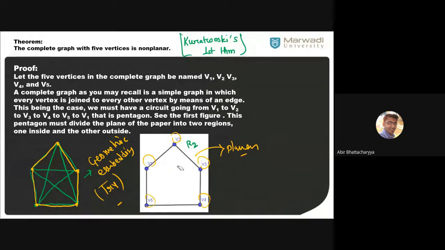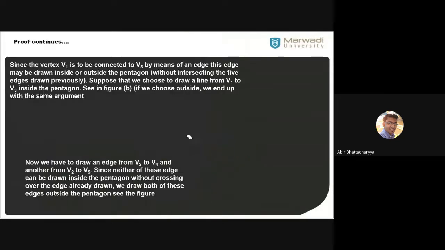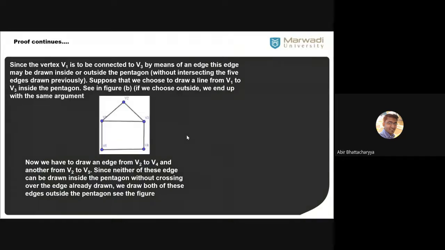Now, what's the next step? Gradually we will draw the inside edges one by one. Now in this case, V1 is to be connected with V3 by means of an edge.